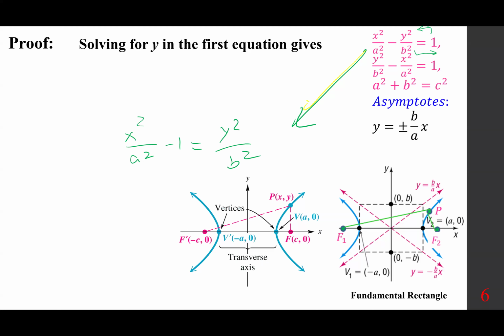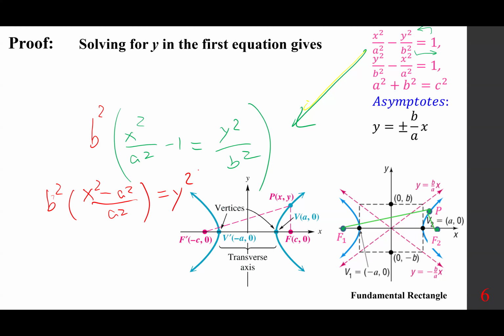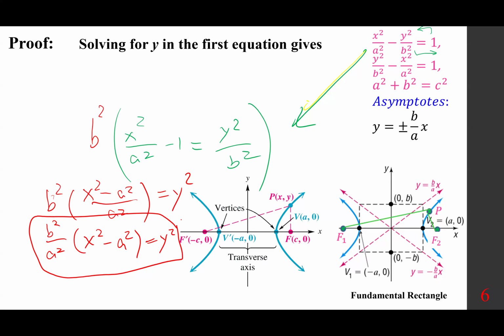And now if you multiply by b squared, you get b squared times (x squared minus a squared) over a squared equals y squared. So you get b squared over a squared times (x squared minus a squared) equals y squared. Up to here, I hope you're with me. So y is, take a root of both sides, plus or minus: y is plus or minus b over a times the square root of x squared minus a squared.